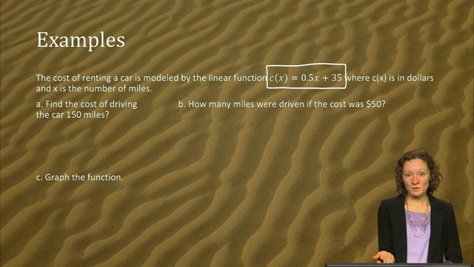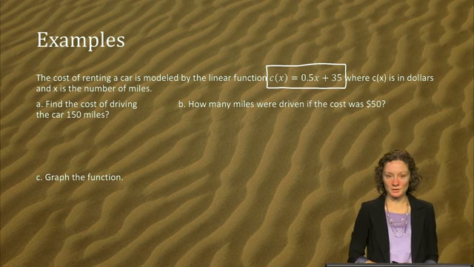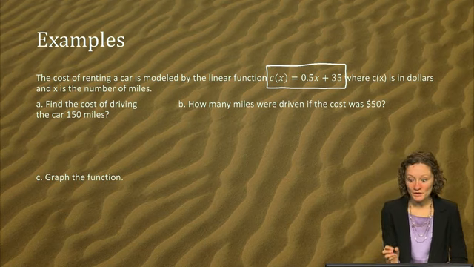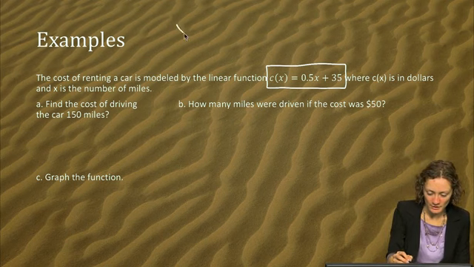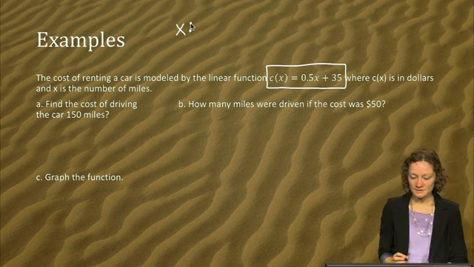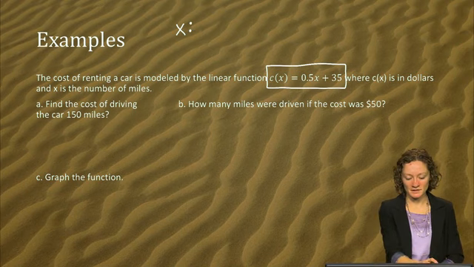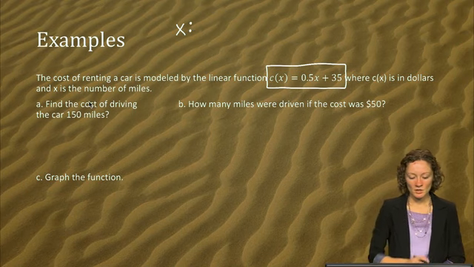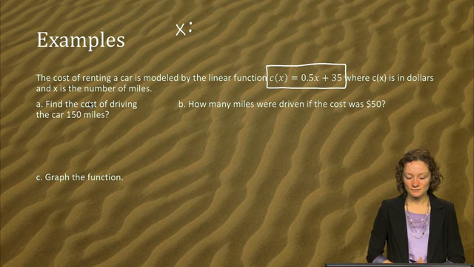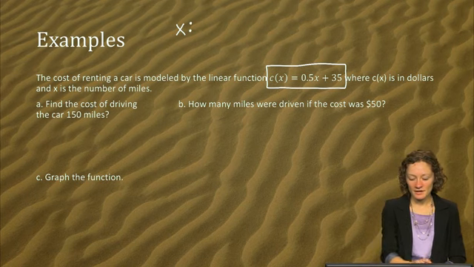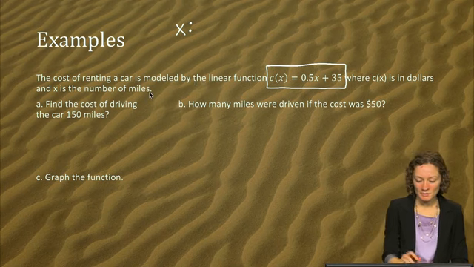Okay, so what's important when looking at a model, any sort of model, this one says linear, so we know it'll be a line, is to know what the variables represent. So let's note that. X is listed in the sentence, in our given information. What does X represent? It says it at the very end of the line, X is the number of miles.